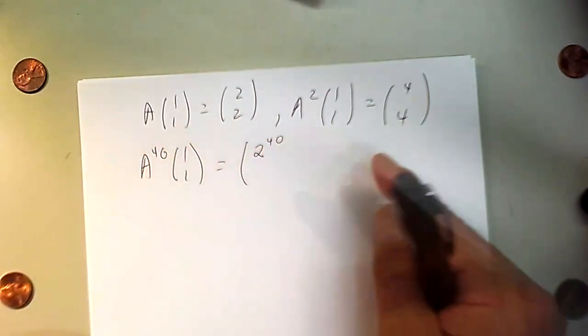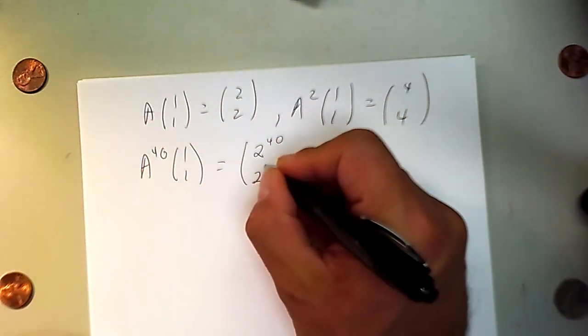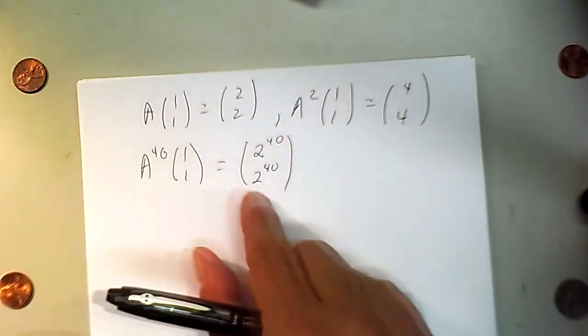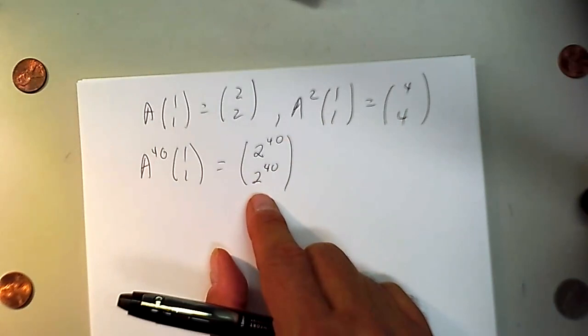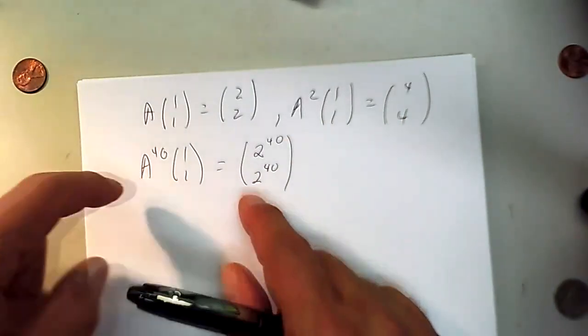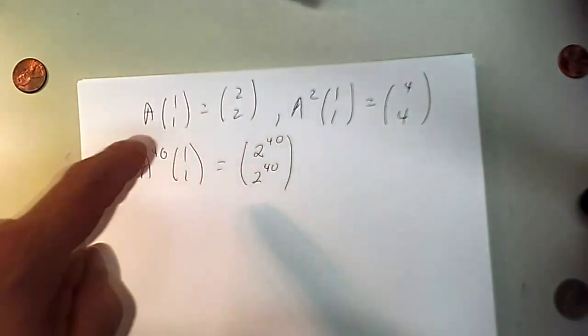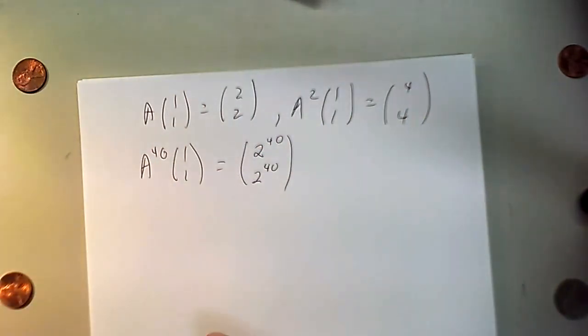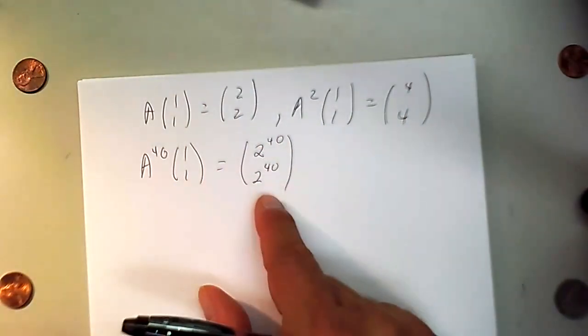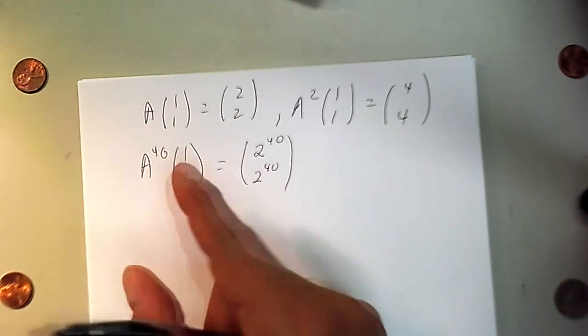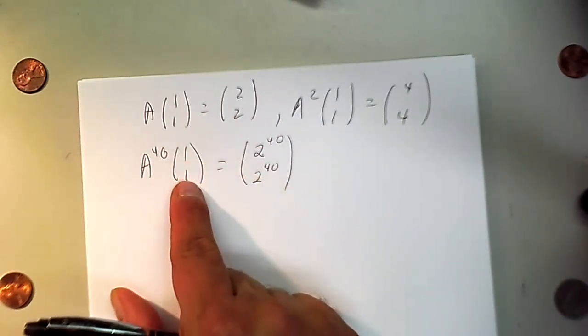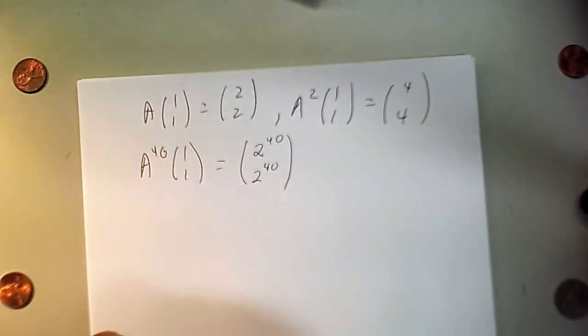So 2 times 2 times 2 times 2, 40 times. And that's the beauty of working with eigenvalues. Multiplying with a matrix, you don't have to multiply row and column 40 times. You can just say, oh, well, it's just going to double 40 times, because that is the eigenvalue.